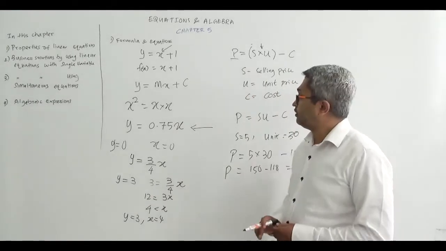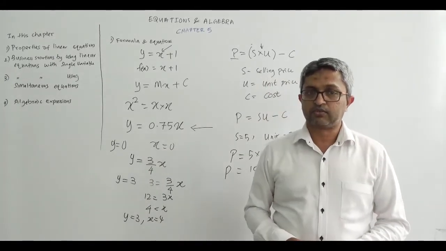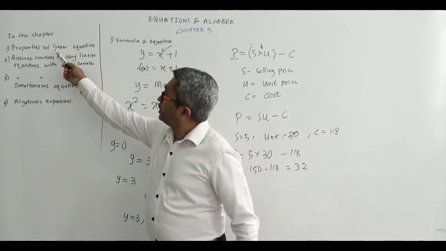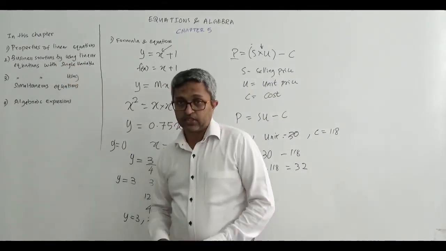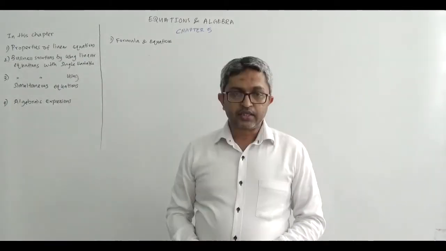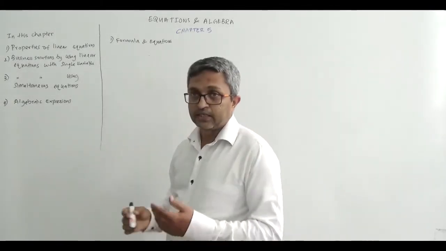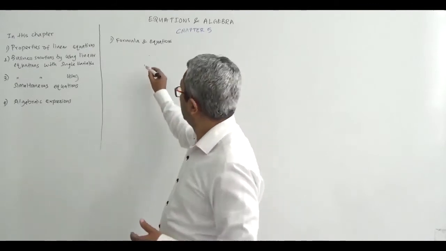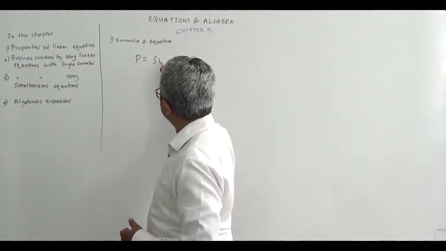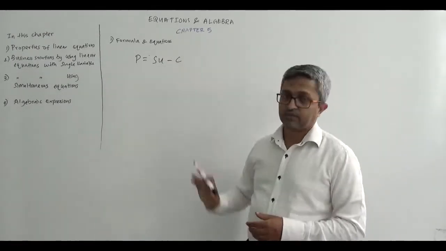Now I want to give a little more explanation on these equations. Our first topic was the properties of linear equations, so we are just going through the properties of linear equations here. Let us take what an equation is in general. Let's take the last equation that we were going through: P equals SU minus C, right? This is an equation we have.